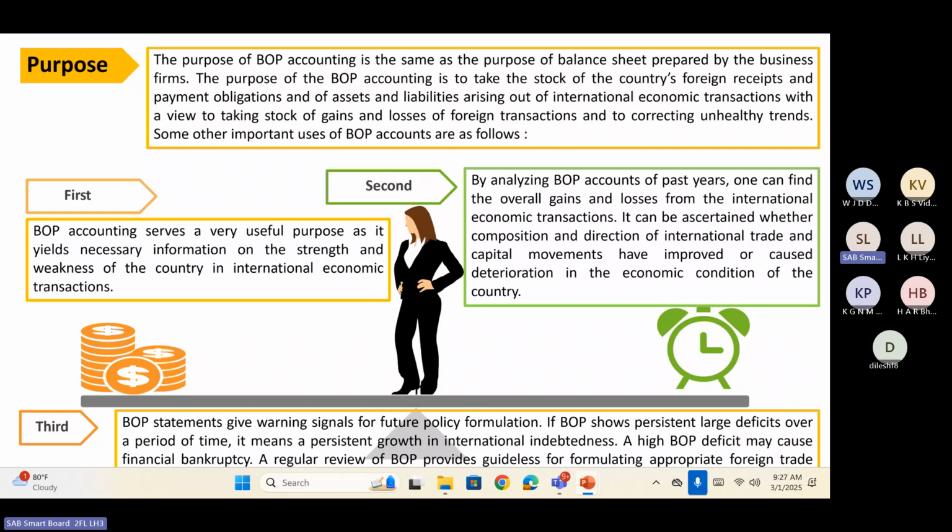That is what Sri Lanka experienced for about two years. Almost Sri Lanka was in bankruptcy in that time period. That shows the accuracy of these predictions by the relevant authorities. So mainly these three purposes are achieved by the balance of payment account.